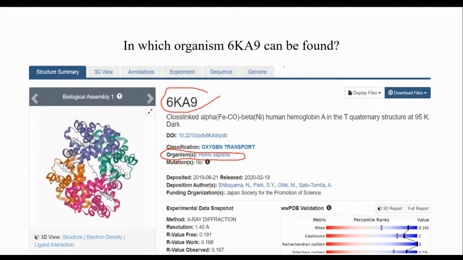So this protein is actually the alpha globin subunits of adult human beings. If we show it like this, it has 2 subunits of alpha, 2 subunits of beta in adult human beings. And we are talking about these subunits.